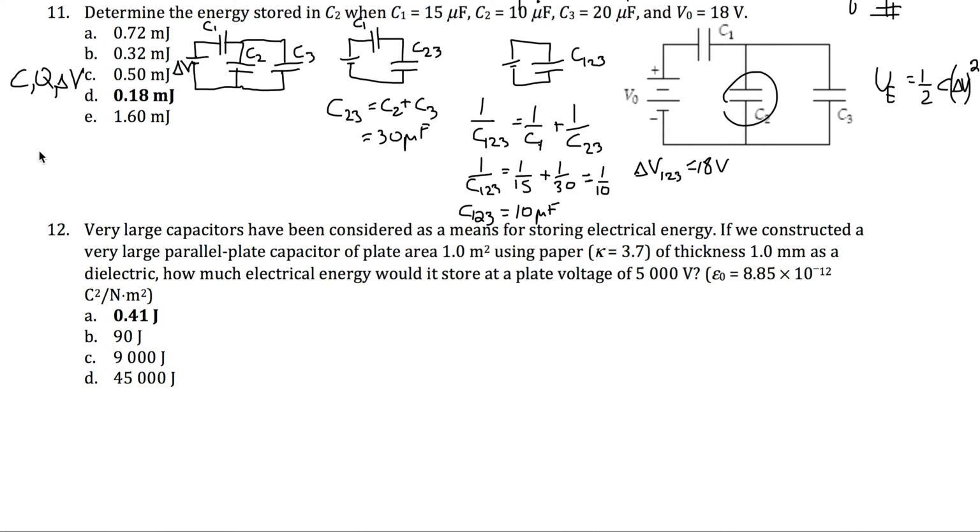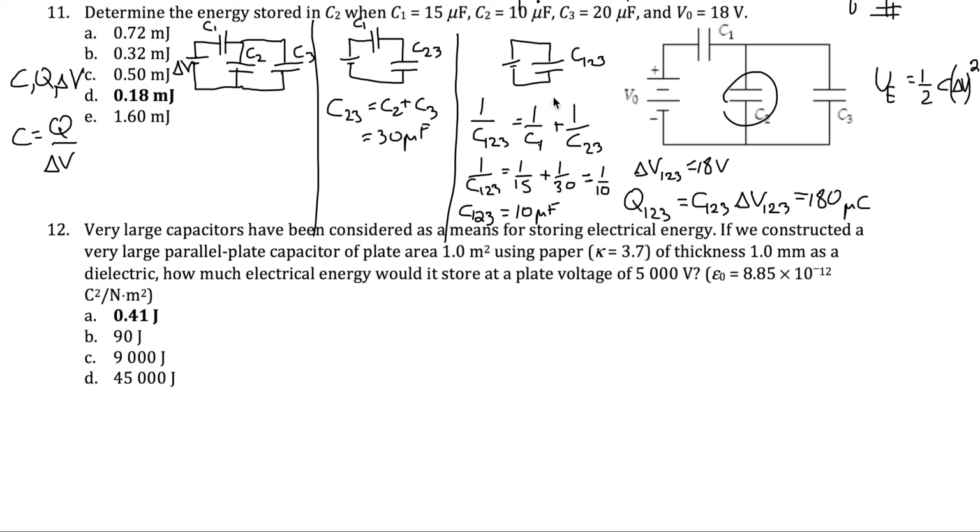The capacitance is charge per potential difference, so the charge on 123 will equal the capacitance times the potential difference. 18 times 10, I'm going to get 180 microcoulombs. Usually I would do this work right underneath here, I just didn't have room. And now I work backwards.